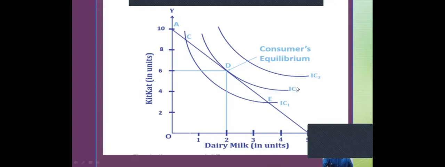And only on the indifference curve IC2 are you getting the maximum satisfaction and both conditions of equilibrium satisfied.